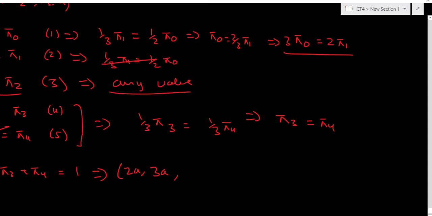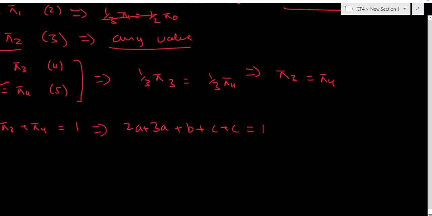Because these two have to be in this ratio. This pi 2 can take any value, so let's call that any value b, and then the last one can take up any value such that these two values are in the ratio of 1:1. Okay, so 2a plus 3a plus b plus these two values, let's call them c, will be equal to 1. Okay, so this has to be true.